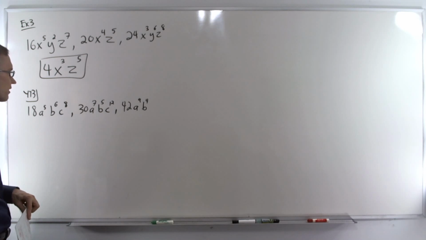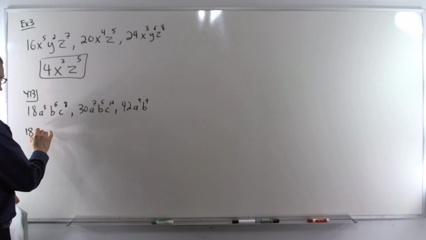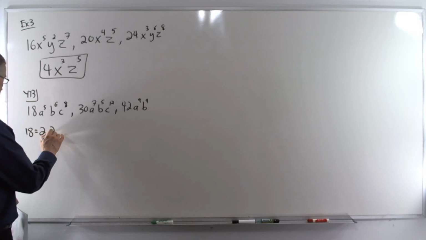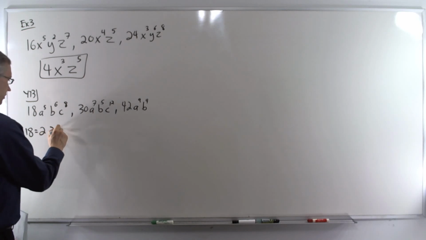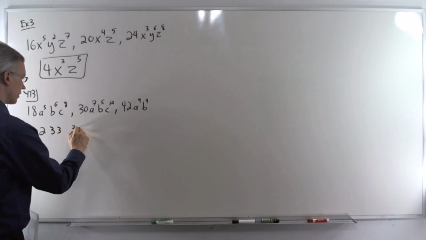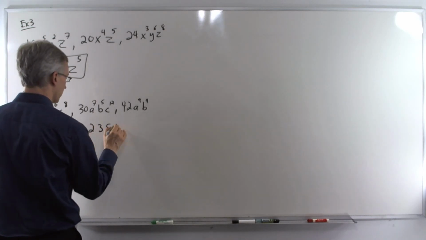So we're going to find the GCF of the coefficients first. We got a little bigger numbers here, so I'll go ahead and write these out. 18 is 2 times 3 times 3. And 30 is 2 times 3 times 5.